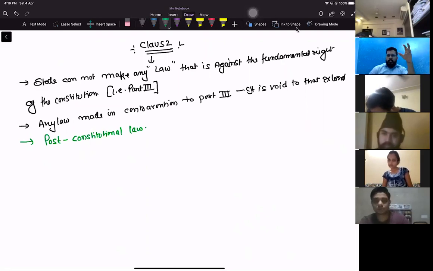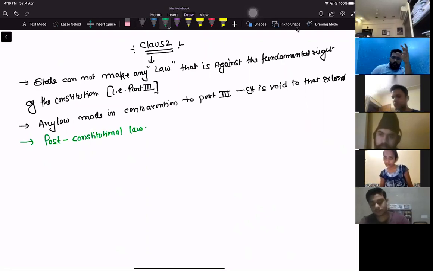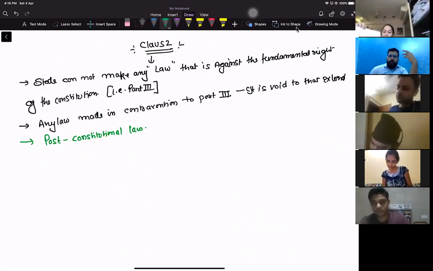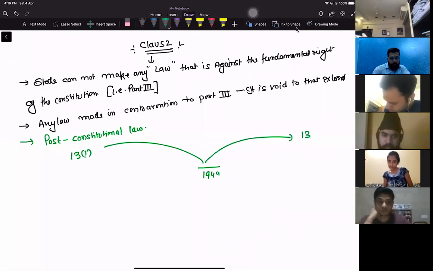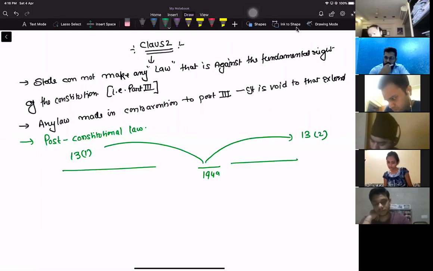So there are two provisions, before the constitution came and after the constitution came. So before 1949 and after 1949. If the constitution came into force then, before that Article 13 clause 1 and after that 13 clause 2. Now we have to understand how these laws are working. So clause 2 is talking about post-constitutional law, whereas clause 1 is talking about pre-constitutional law.